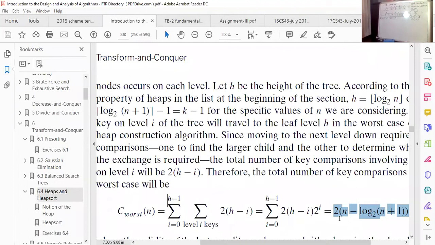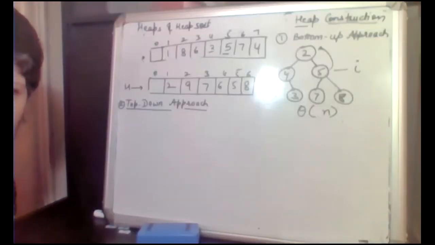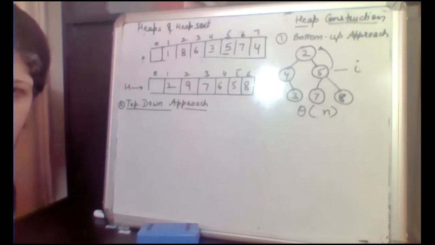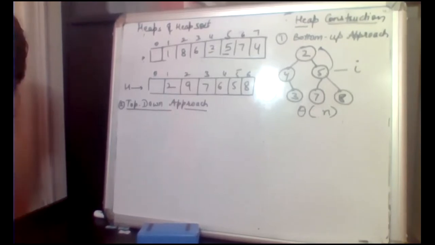That means for n elements, the bottom up approach has a time complexity governed by the factor of n. Now let's check the top down approach. I hope the bottom up approach is clear, so let me now take you to the top down approach.